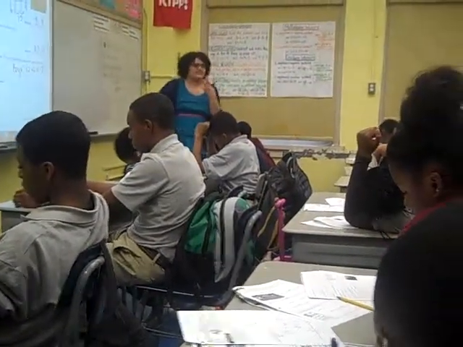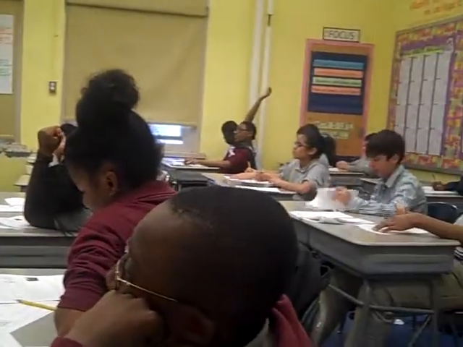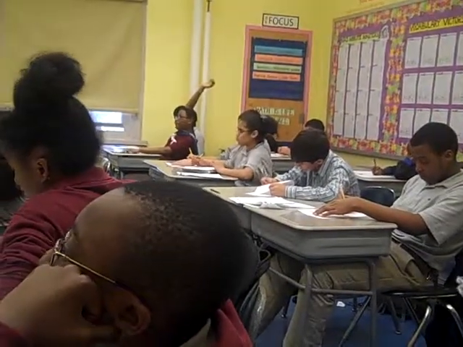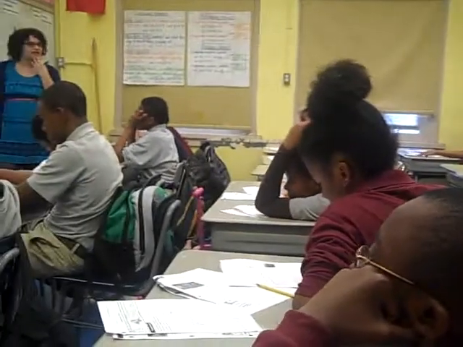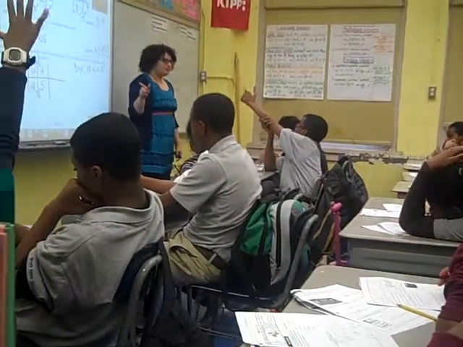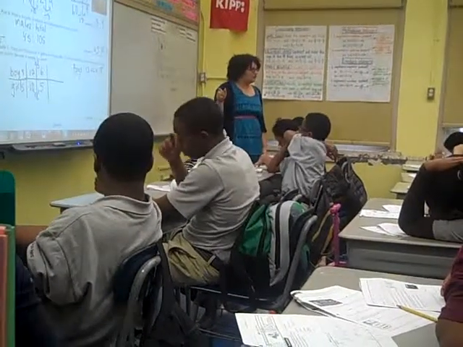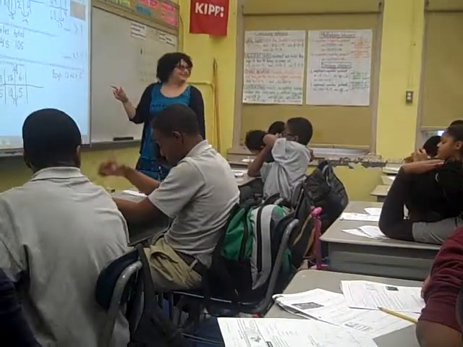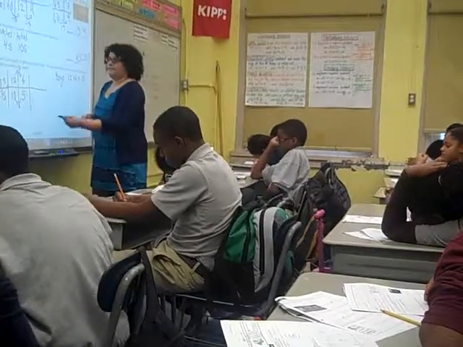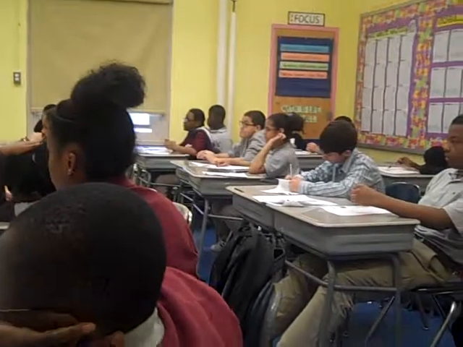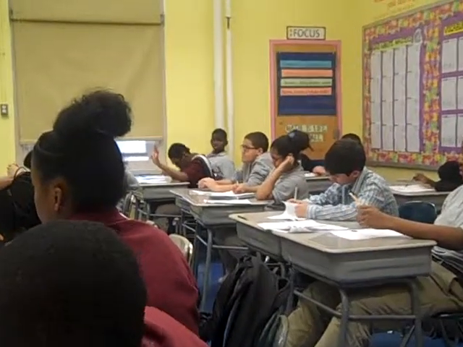Okay, now let's look at this. Does this help us to get from 6 to 18? Is there anything that we can do? Yes. What can we do? 5 times 3 is what? 15.